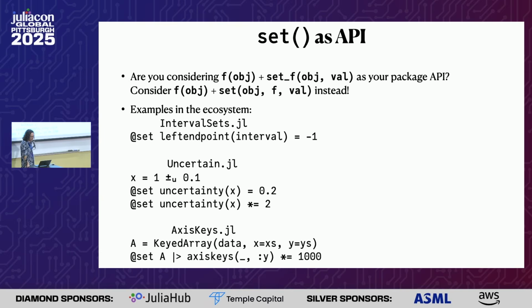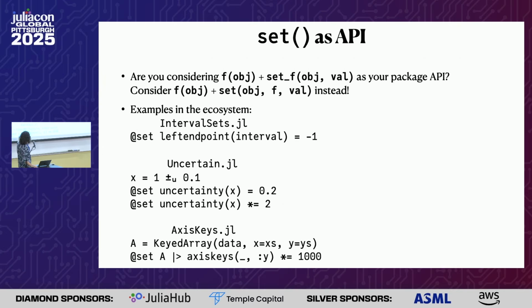There are some examples in the ecosystem, like in IntervalSets. Maybe you want to modify the left endpoint of an interval, set it to some value, and return another interval. That's really the API for that. In numbers with uncertainties, you want to modify the value or uncertainty. That's also how you can do it with set.